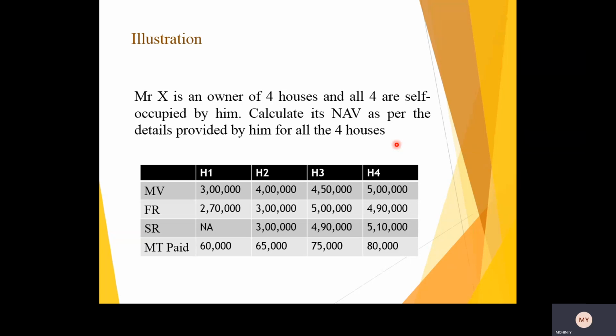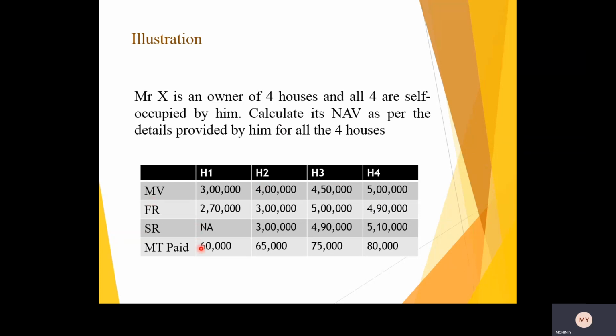He has 4 houses, all self-occupied, and none of them is given on rent. In this case, he will choose one house as self-occupied and all the other houses are considered deemed to be let out. So these are the houses: house 1, house 2, house 3 and house 4, and these are the values which are given.